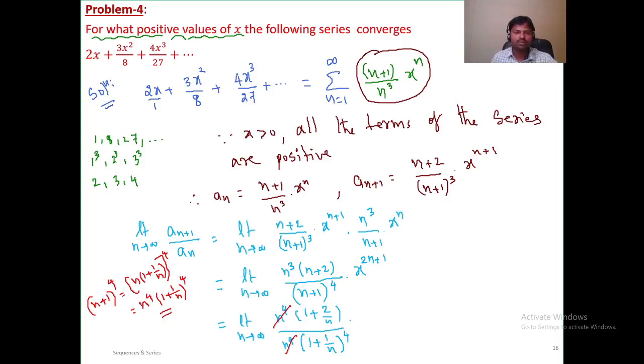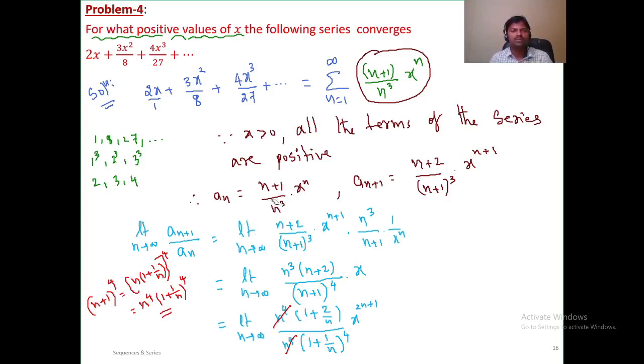Here x power 2n plus 1 is left. Sorry, it becomes down. So x power n will come down, 1 by x power n, because it is divided by, look at an plus 1 by an.